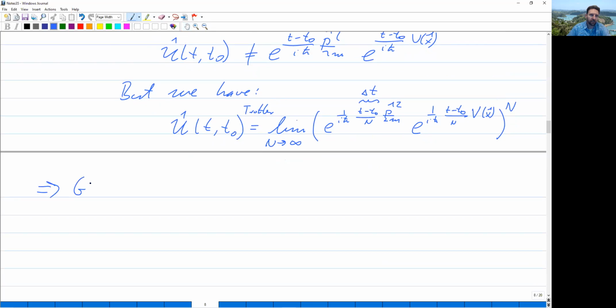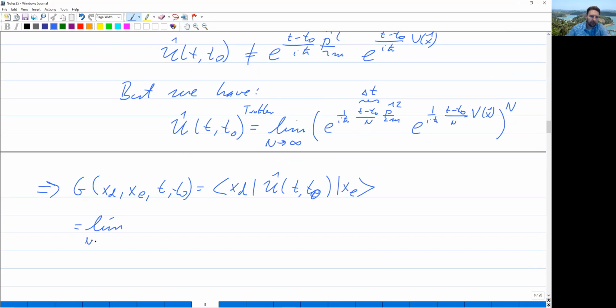So we have g of xd, xe, t, and t naught is equal to, well, xd and then u hat of t and t naught and xe. And this is now equal to the limit n going to infinity of.